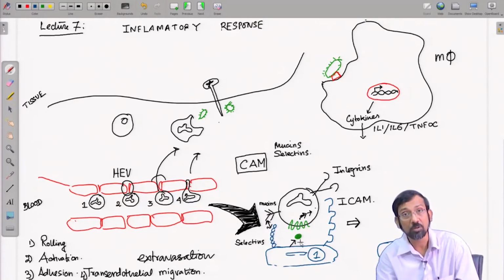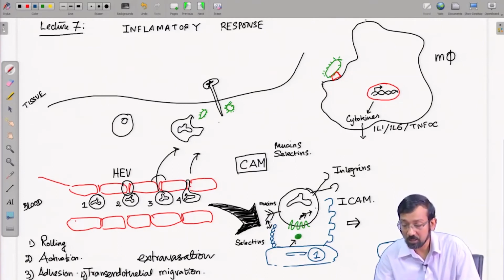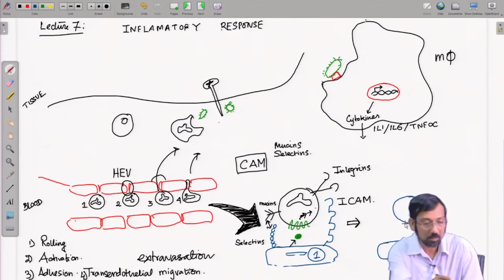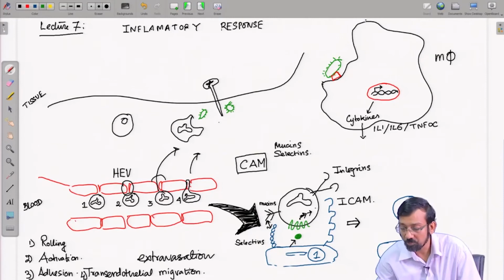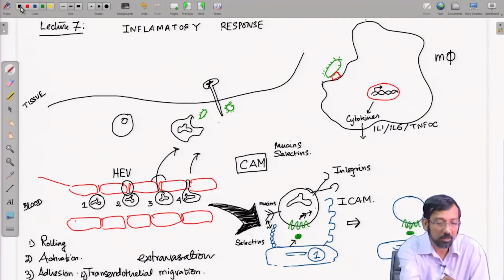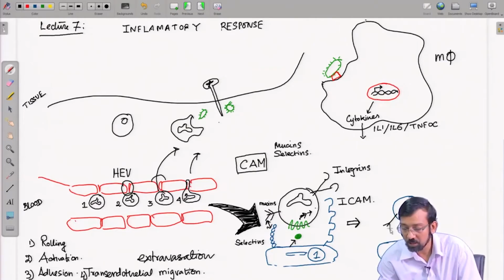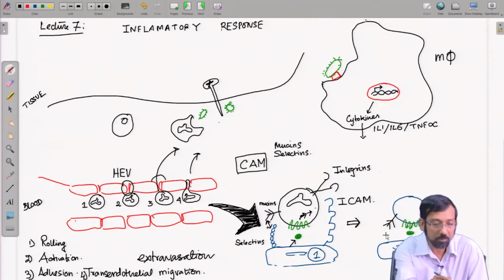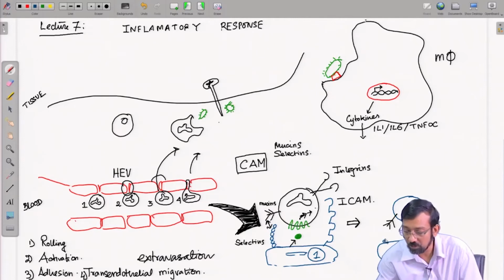Then there is release of the chemokines, and this leads to the chemokine binding to the chemokine receptors on the cell. Immediately it is more attracted towards the endothelial cell, the chemokine binds to the chemokine receptor, and here the mucin is already bound to the selectin molecule.